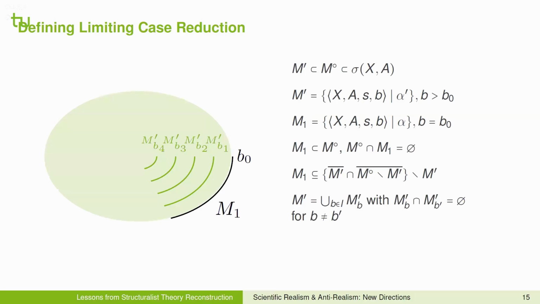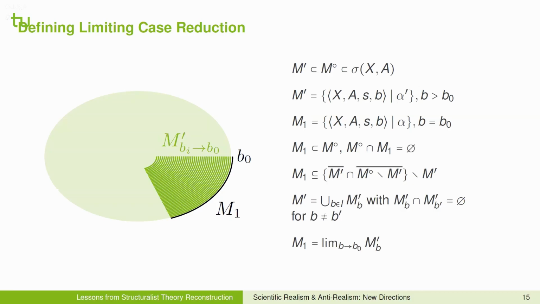It's not apparent how this is related to a limiting case, but we can have a partition of M prime by all different values of B. We can possibly have an infinite set of different B's and a partition where every shell has a fixed value for B. Then we can rigorously define what this means.